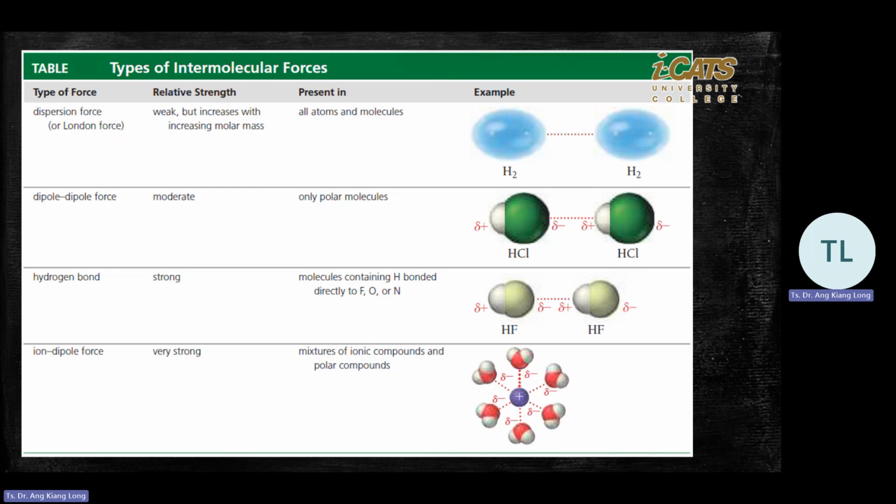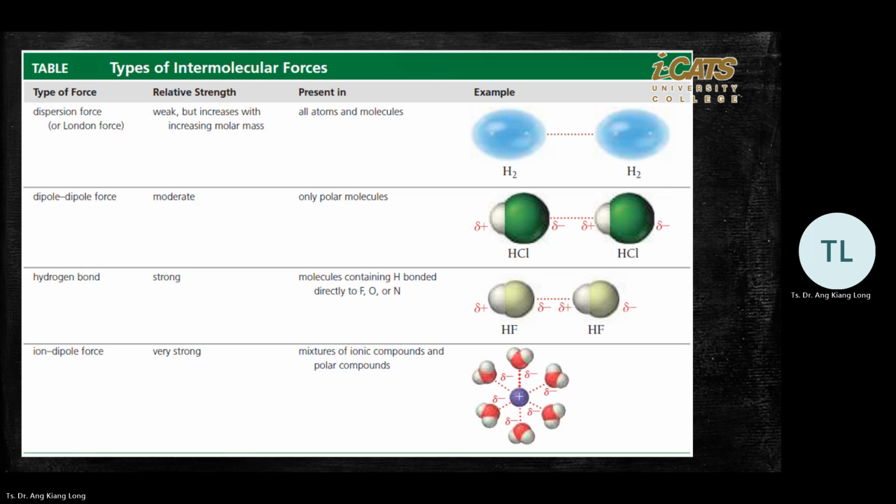We might ask the relative strength, or when it is present. You get an example from the question and then give reasons. From the reasoning, at the end, you give what type of forces exist in that particular molecule. Chapter 3 only links with solid or liquid form.